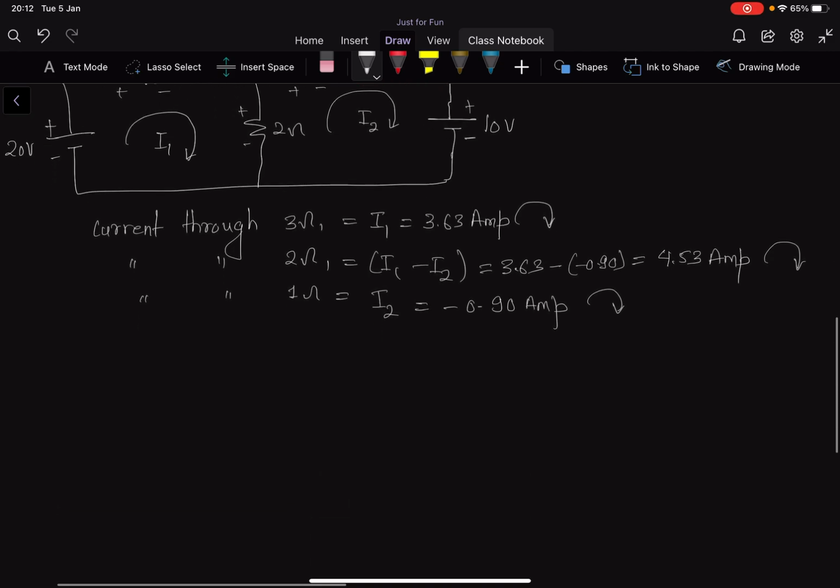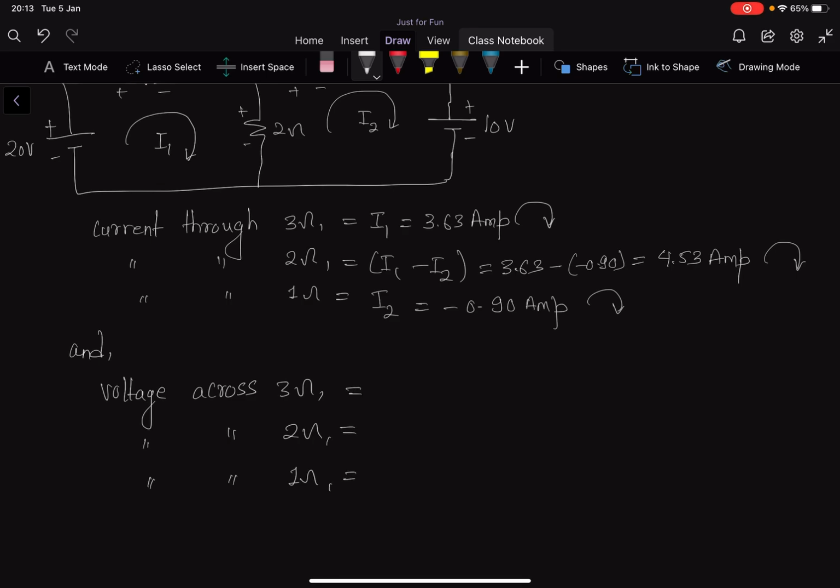Now what about the voltage? Now the voltage is the easy part. So the voltage across 3 ohm, across 2 ohm, and across 1 ohm. So the voltage is whatever current we have calculated.